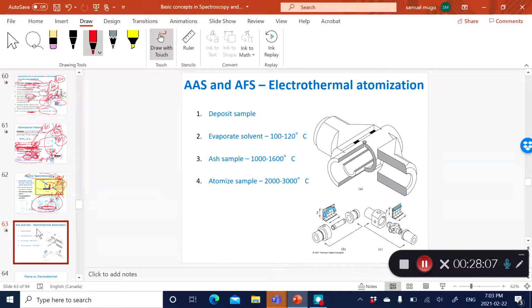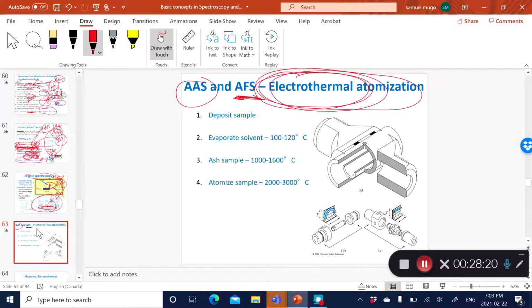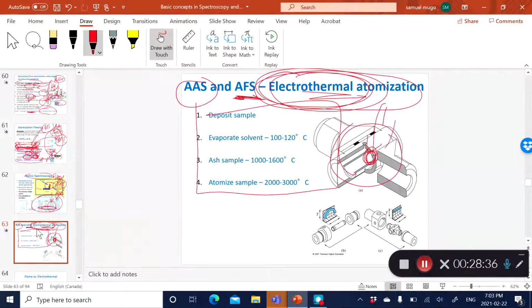Another better system that you can use is what you refer to as a graphite furnace atomic spectrometer. And this is where you use electrothermal vaporization as your atomizer. The good thing with this system is that the furnace is very, very small. And again, you can just deposit a very small amount of sample into the furnace, which sometimes can even be 1 microliter.